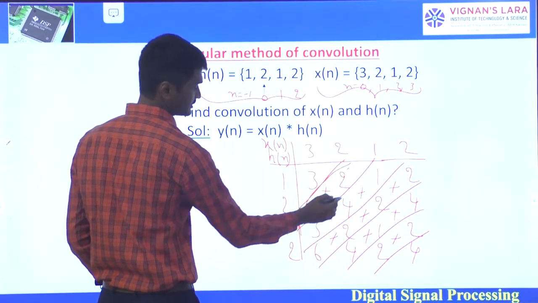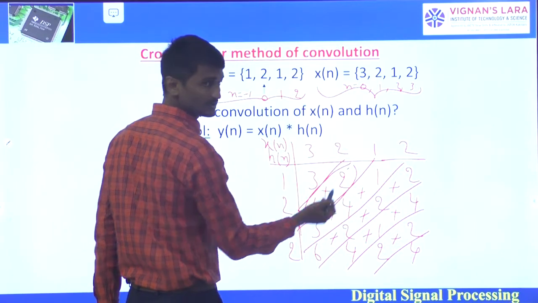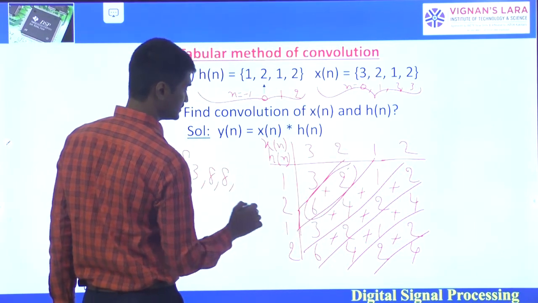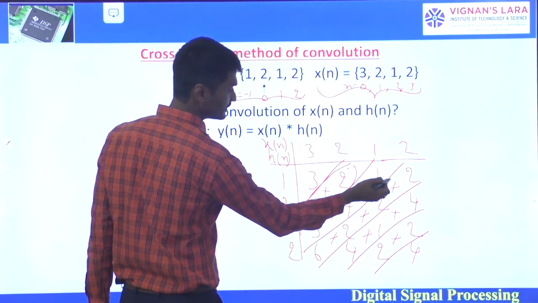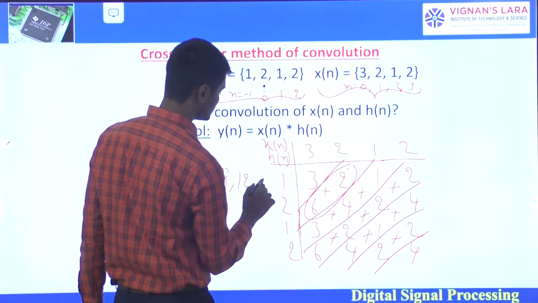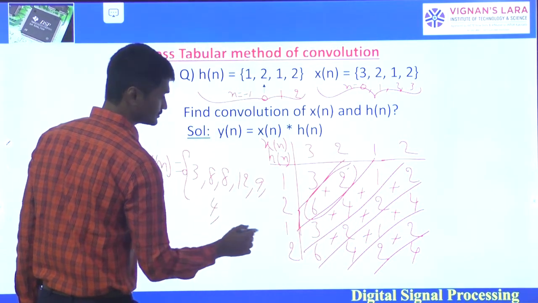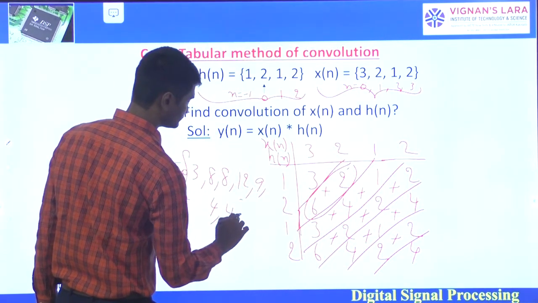In this diagonal, 3 plus 4 plus 1, that is 8. Similarly, 6 plus 2 plus 2 plus 2, that is 12. 4 plus 1 plus 4, it is 9. 2 plus 2, that is 4. The next one will be 4.